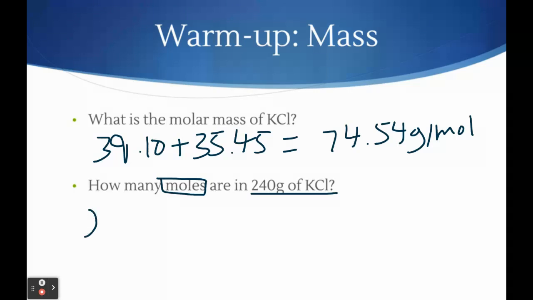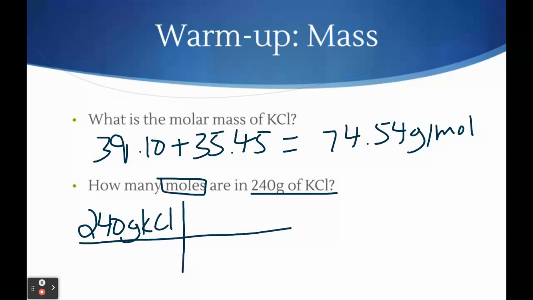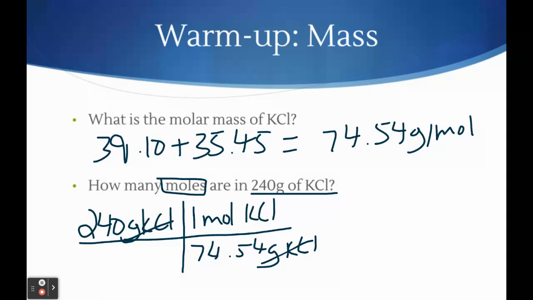So you start with your given information, which is 240 grams of KCl, and draw your T-chart. So now you're going to use your conversion factor to convert from grams to moles. The grams, molar mass, needs to be on the bottom so that when you divide, grams will cancel out and you put 1 mole of KCl on top.